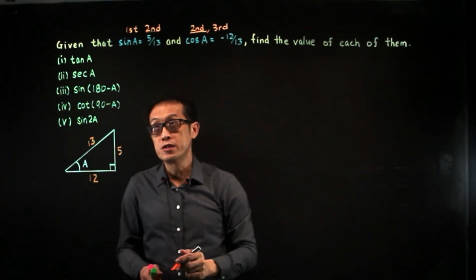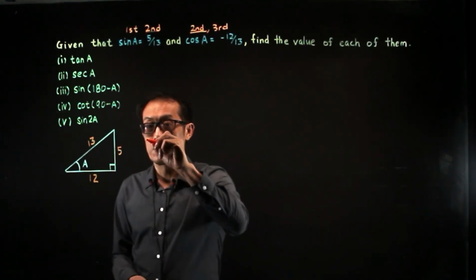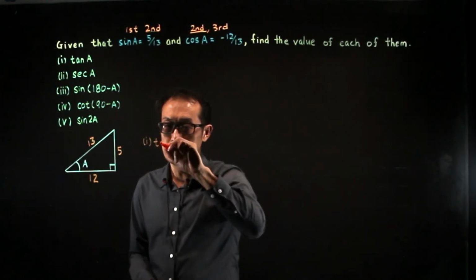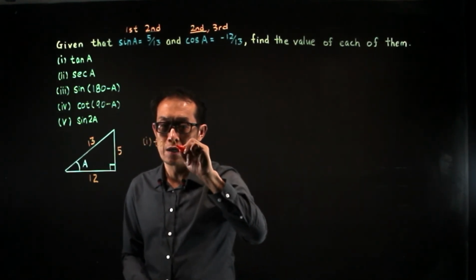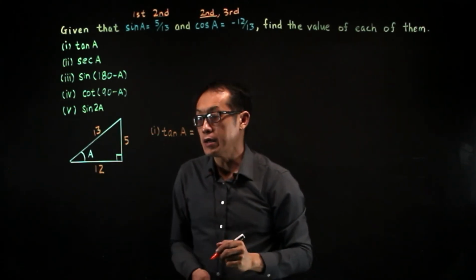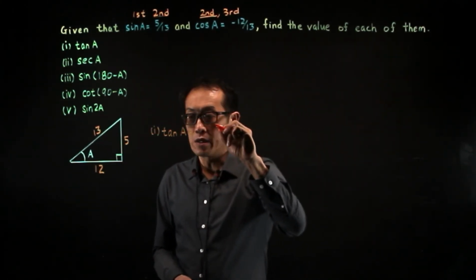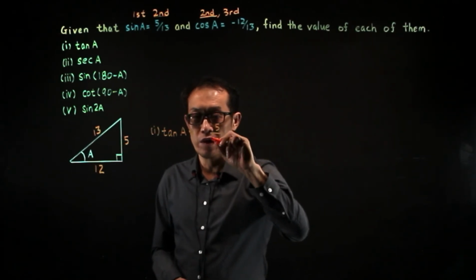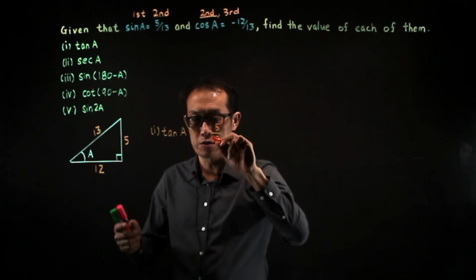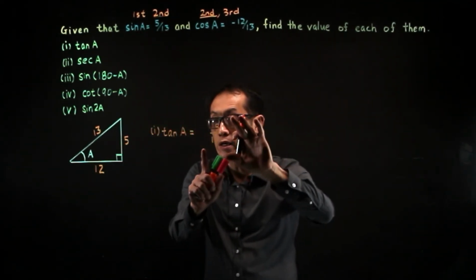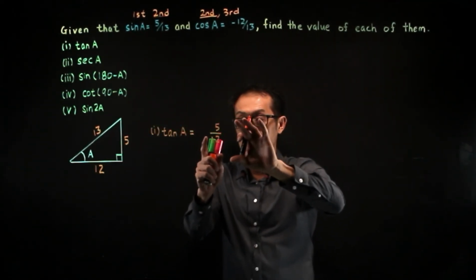So what is tangent A? Tangent A is opposite over adjacent, so it will be equal to 5 over 12 according to this triangle. But this is not good enough. This is only the absolute value of it.